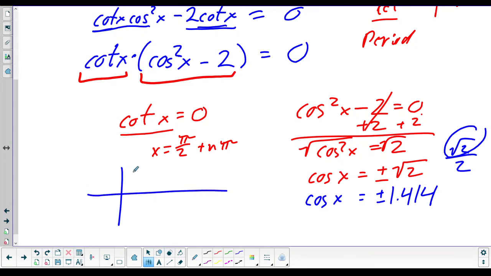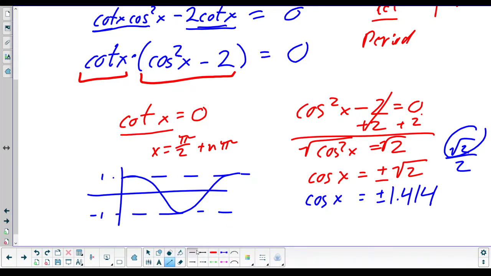Cosine is going to look like that. This maximum here is 1, and this minimum is negative 1. This question is asking you, when does your graph equal 1.4 and negative 1.4?